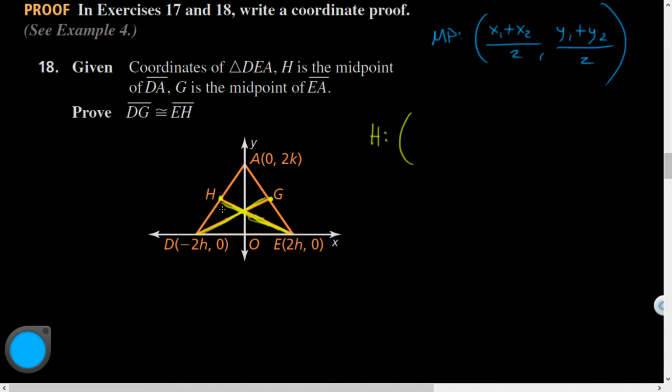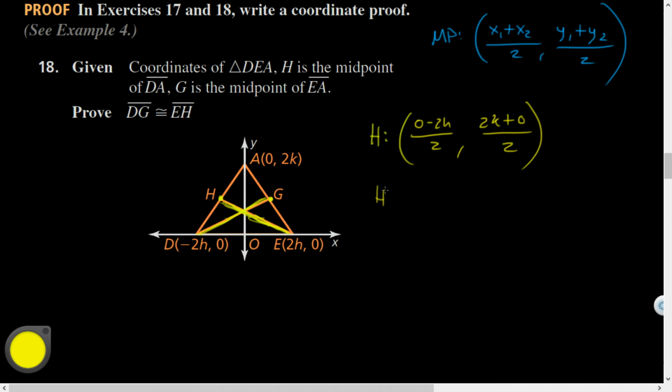So let's see. So the midpoint between A and D is 0. Oh, wrong color, friend. There we go. I'll do 0 minus 2h all over 2. And for the other one, it will be 2k plus 0 all over 2.